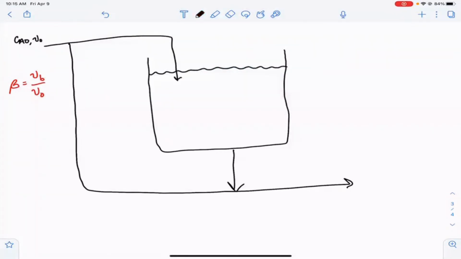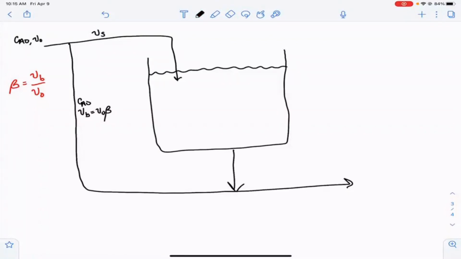If I were to label this on this stream, this is still CA0. And then this is V sub B, which, as we just said, equals V0 times beta. So all we've done is split the stream. Then this here, we're going to call VS, the part that doesn't get split.